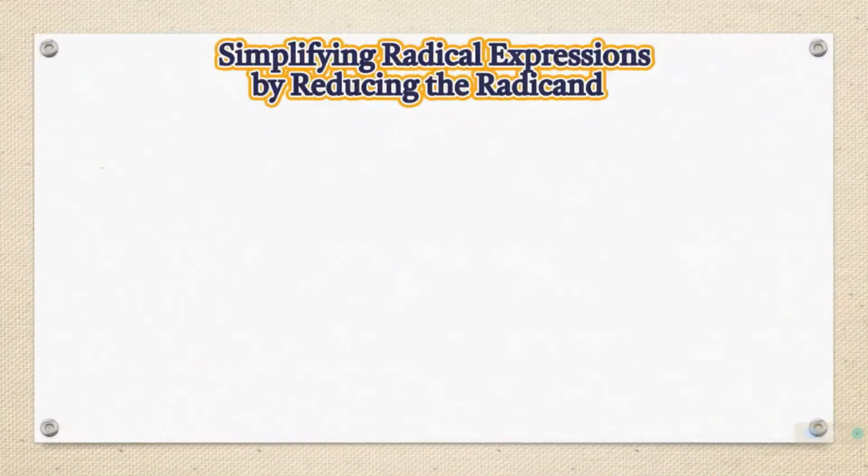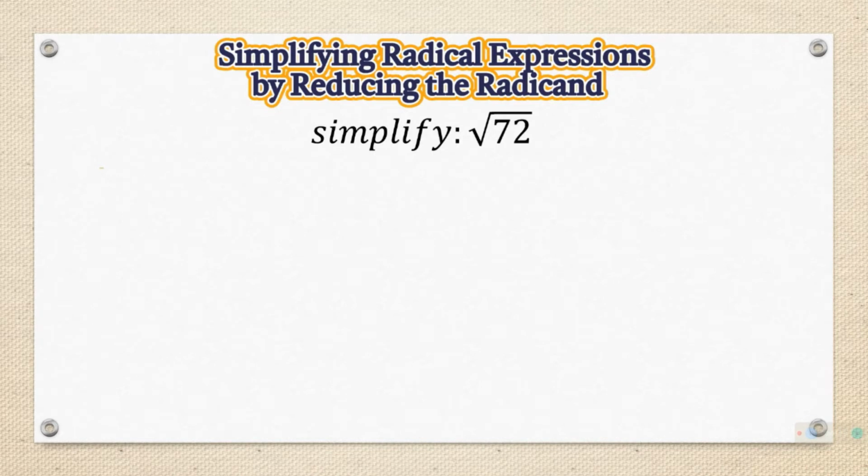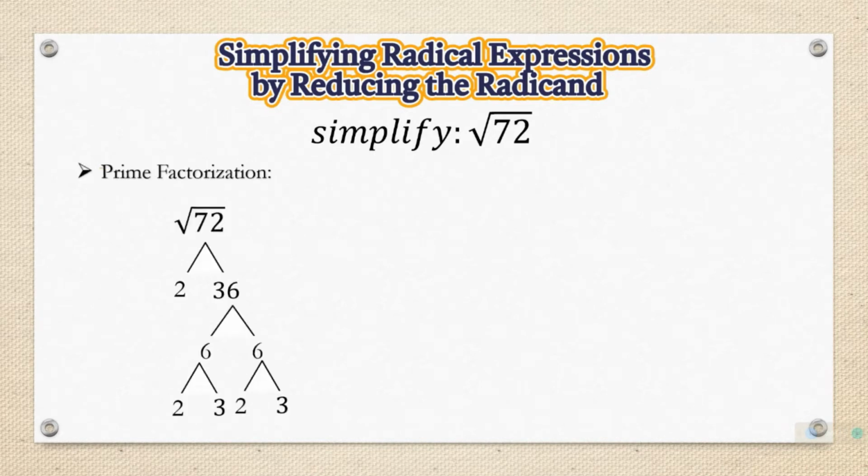Another example is square root of 72. And rewriting that inside our radical sign, we will have 2 times 2 times 2 times 3 times 3. Again, since we get the square root, we have to group prime factors with a pair of same number, and that is 2 and 3.